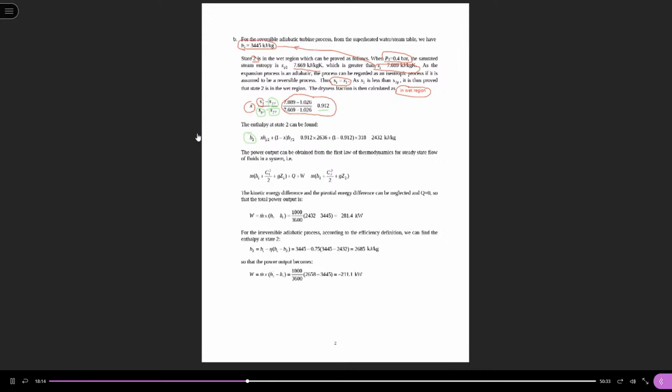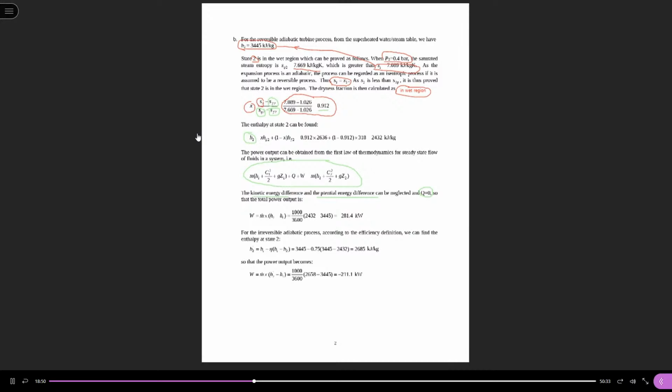Then we want to calculate the power output. For the steam turbine, because it's an open system, we use the first law equation for the steam turbine. We consider the kinetic energy and potential energy changes can be ignored. Also, because it's an adiabatic process, the heat flow is 0.